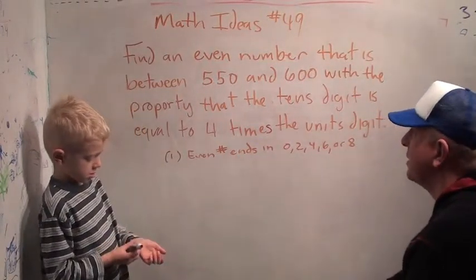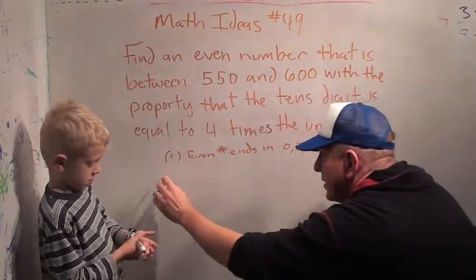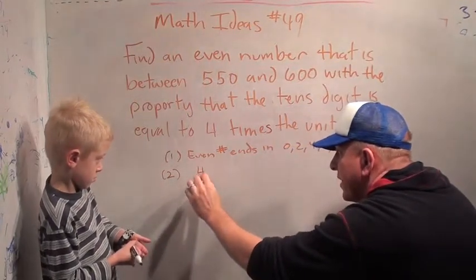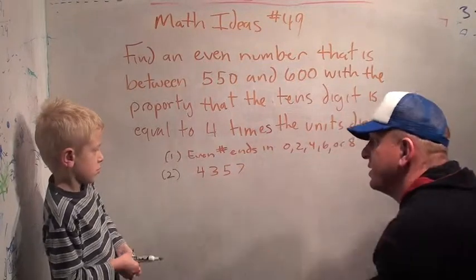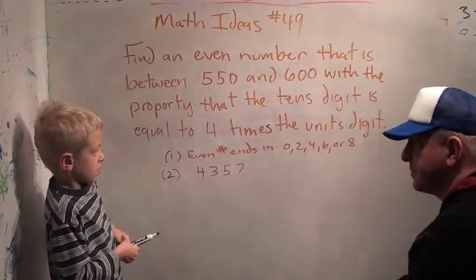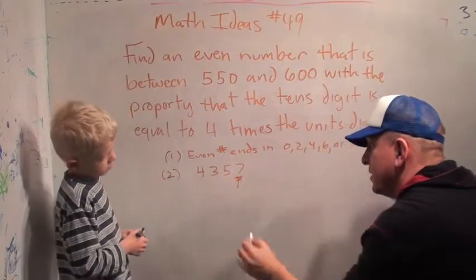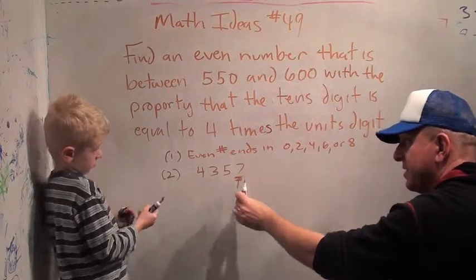Okay, now, do you know what the tens digit of a number is? No. Okay. So when we have a number like 4,357, this digit is called the units digit. The units digit is the last digit.